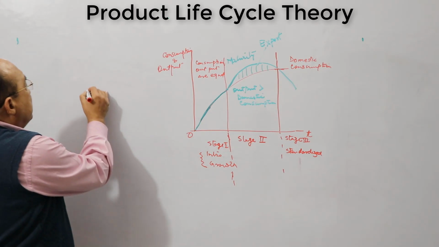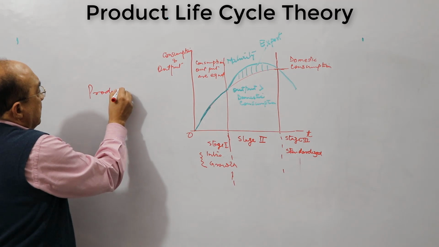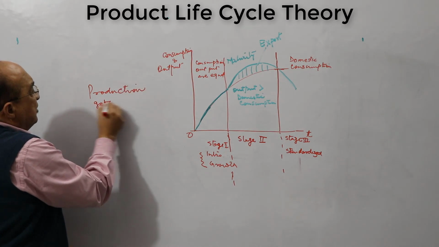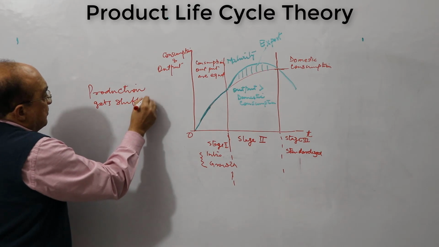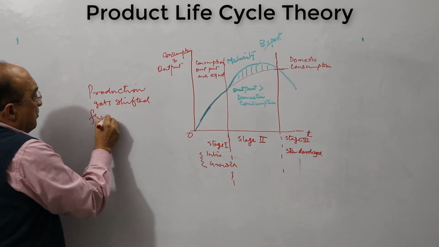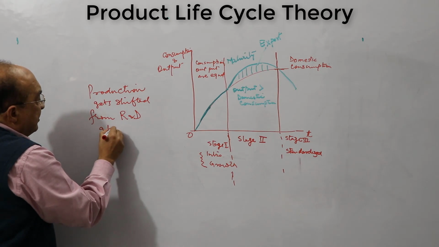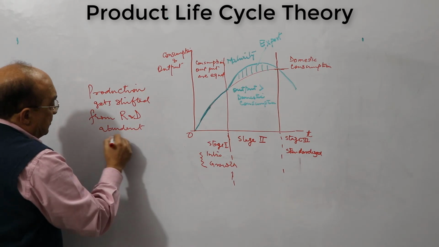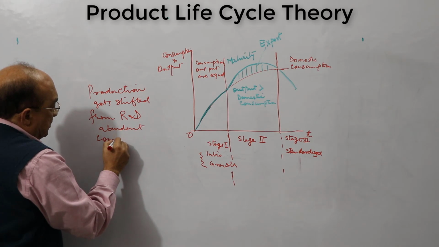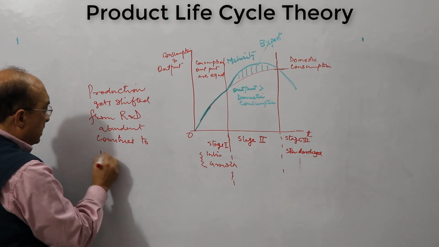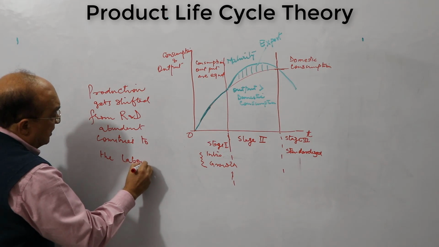The production gets shifted from R&D abundant countries to the labor abundant countries.